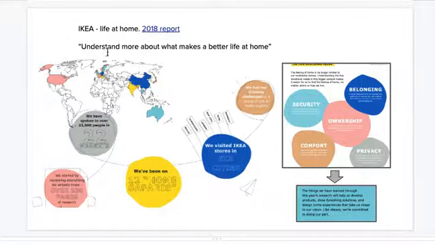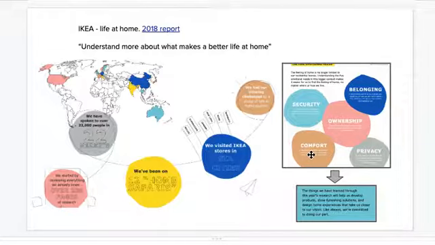So they collected all this data you can see. So in this Southeast, East Asia region, Australia, Europe, and the United States, they've collected all this information, and then they were able to put it into what they found out was people want security, want ownership, want belonging, want privacy, and want comfort in their homes.